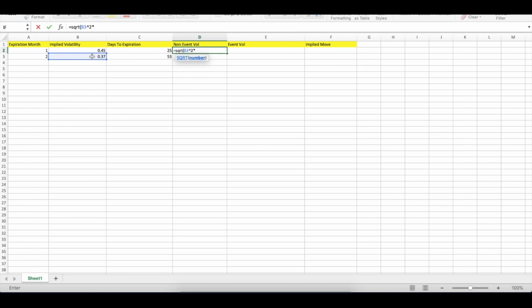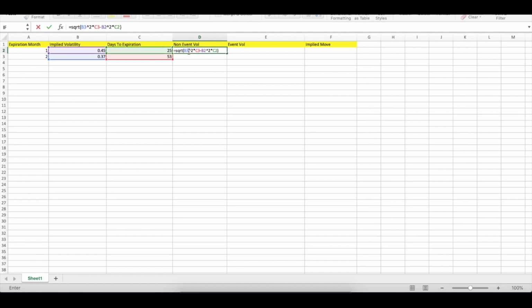Times the days till expiration, so 53, minus first month volatility squared times the days till expiration.